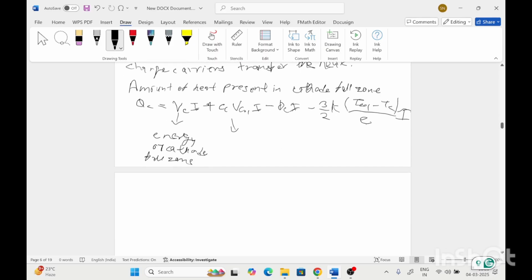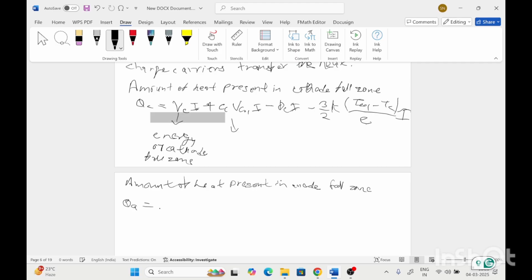And similarly, if we see the amount of heat present in the anode pole zone, that can be written as QA.